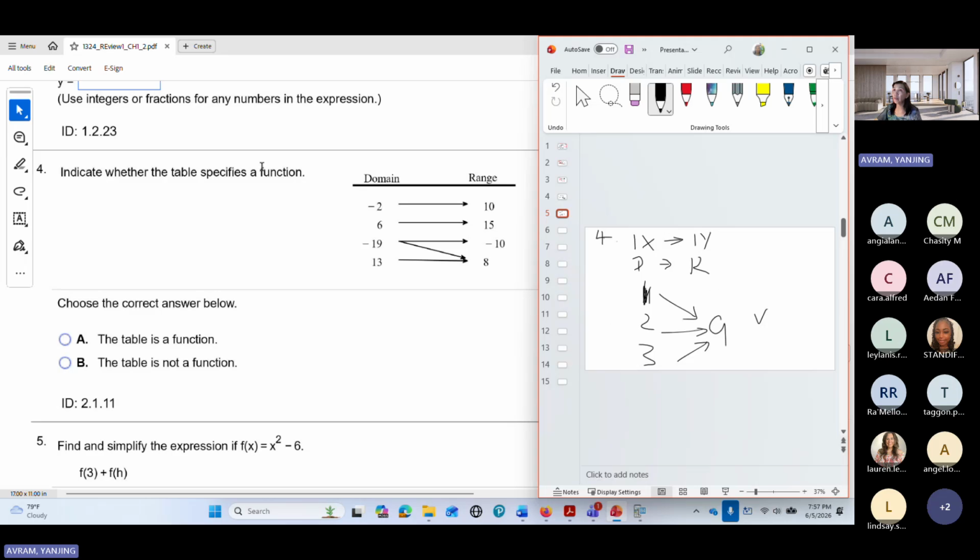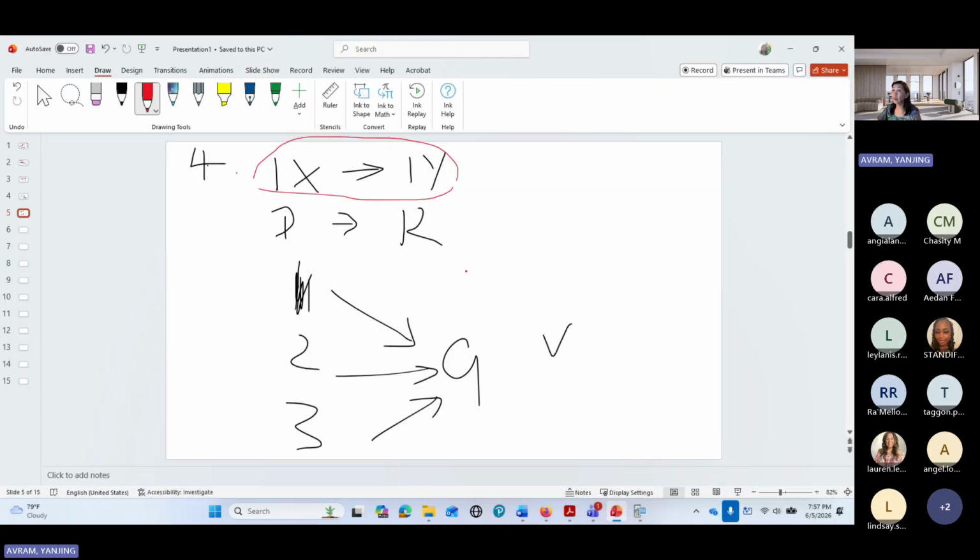So that's why you have to know the function. On the table, we use one input, one output. On the graph, if we don't have a table, we use what is called the vertical line test. So what is the vertical line test? Let me show you this kind of graph.